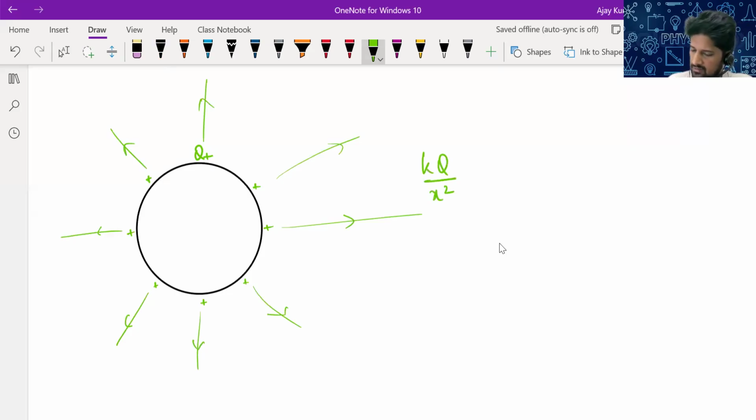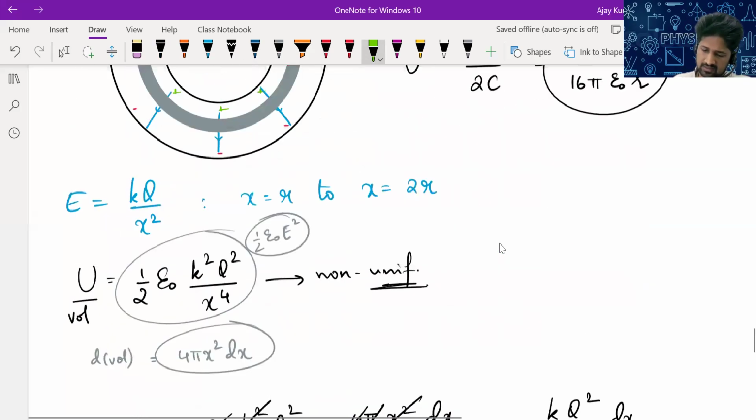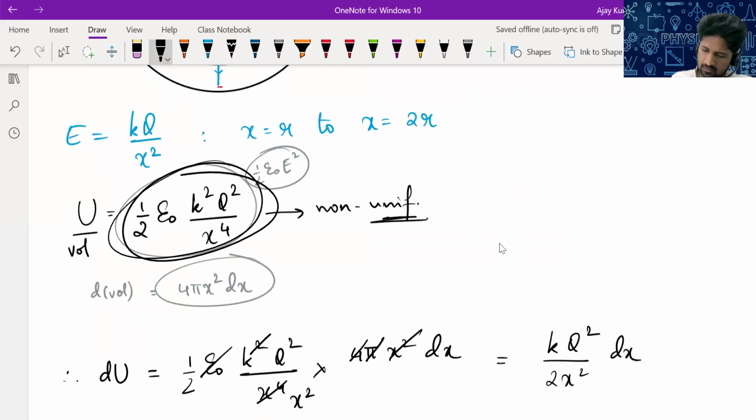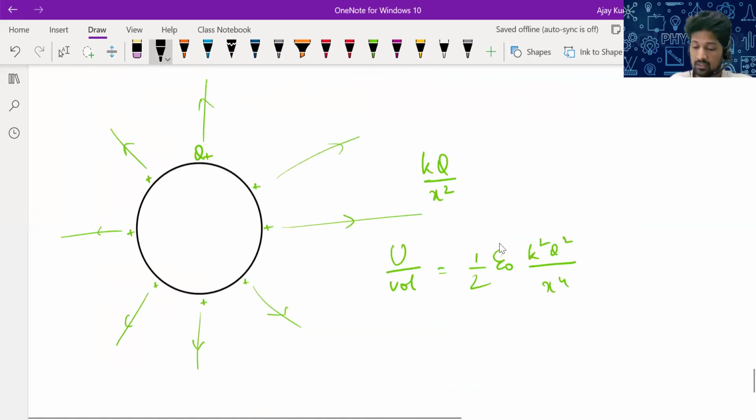Then the energy density in that field will be half epsilon naught into E square, k square q square by x power 4. So basically it's this same field. Now we want to find out what is the energy of this charged sphere. Till what distance will the field of this charged sphere extend?